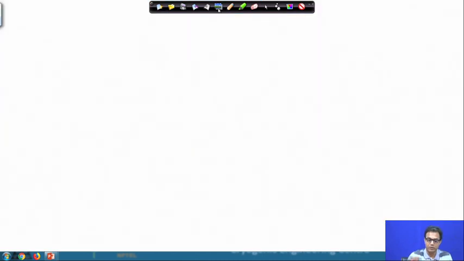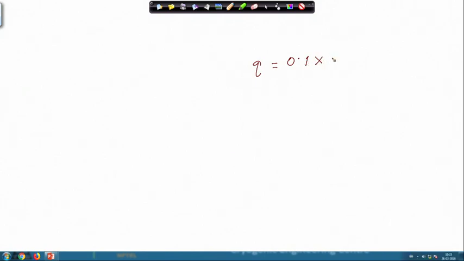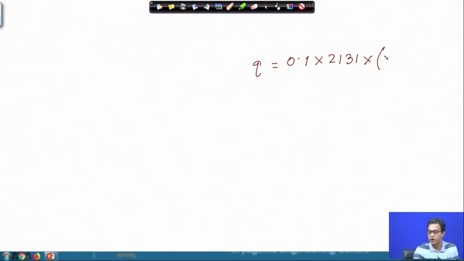So, now with these values, if we try to estimate the exit temperature of the cold fluid, we will see that Q is equal to m dot of the hot fluid, that is 0.1, then we have 2131, multiplied by T hot in, that is 100 degree centigrade, and it is coming out at 60 degree centigrade.